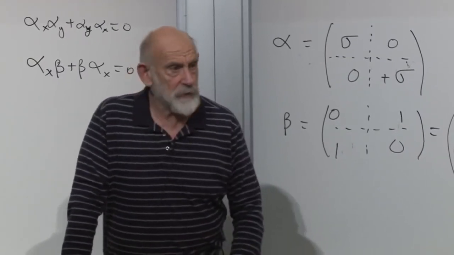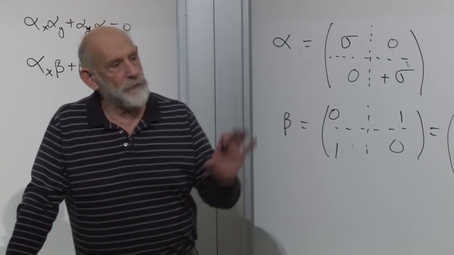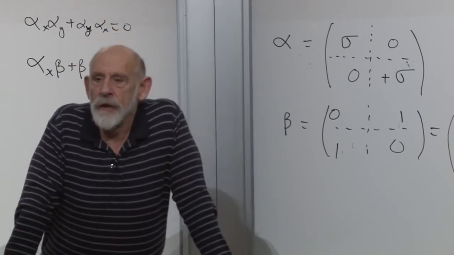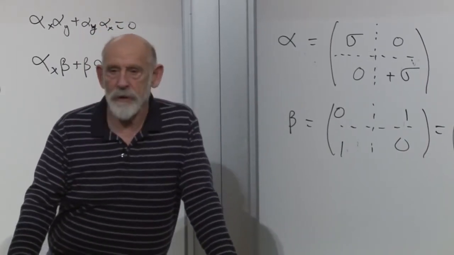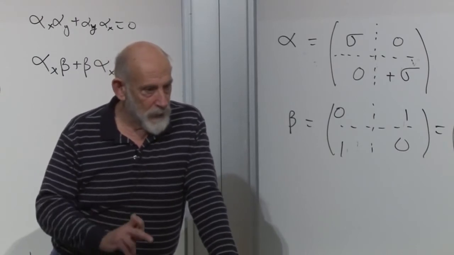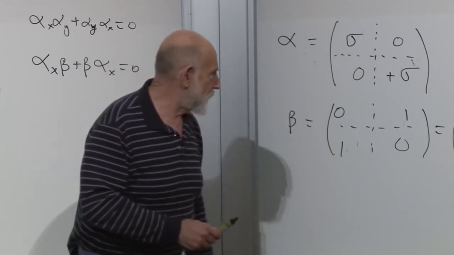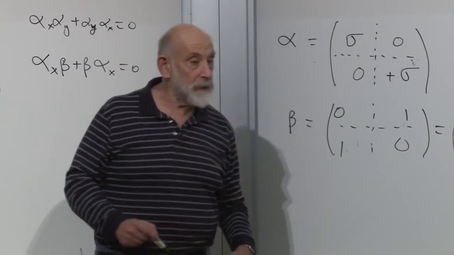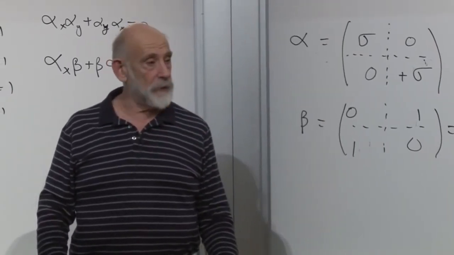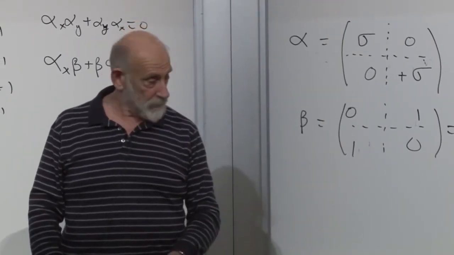So Dirac discovered a multiplicity of different states of the electron. One of them had to do with the chirality, which way the spin was, or which way the alpha was oriented relative to the momentum. The other had to do with the actual spin of the electron.